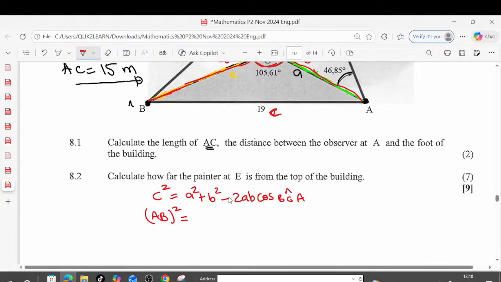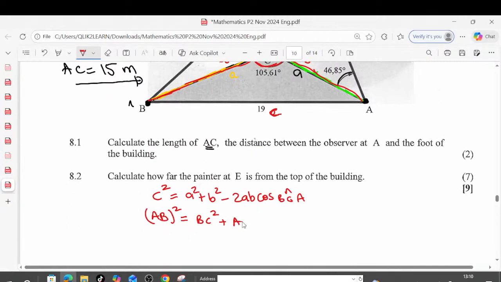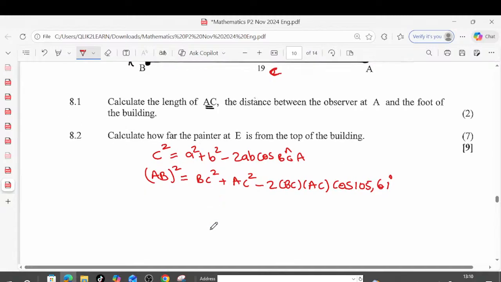This is what I'm currently working on. So my small a is BC squared, plus my small b is AC, which is squared, minus 2 into BC into AC, then the cos of that 105.61 degrees. Okay, easy. So let's substitute. AB is 90 squared.